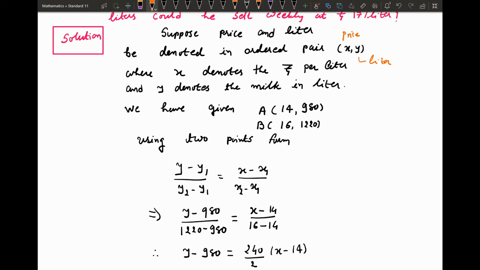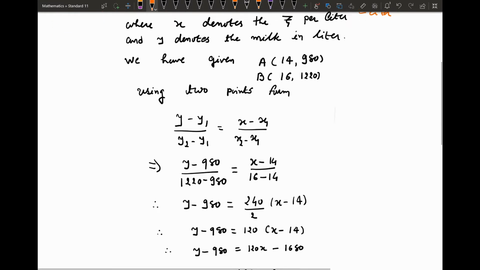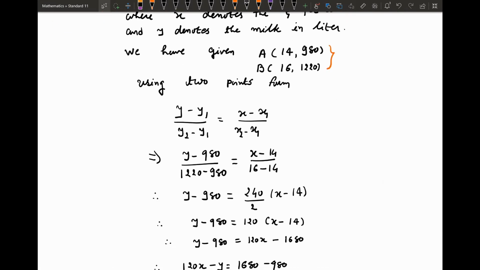Similarly, coordinates B (16, 1220). So now we use these two as coordinates A (x1, y1) and B (x2, y2).